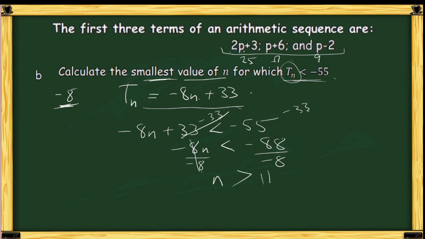So smaller than in this case becomes greater than. So n needs to be greater than 11. Now remember, when it comes to a sequence, n is an integer, and a positive integer at that. Therefore, the smallest value we're looking for cannot be 11, because 11 will give us exactly negative 55. n needs to be equal to 12.